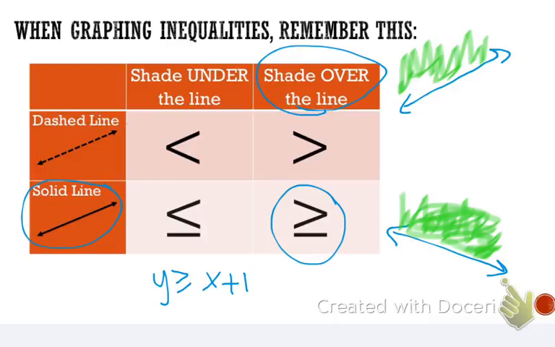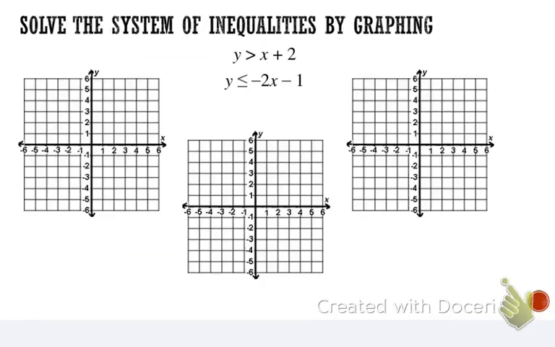So, moving on to the examples. Solve the system of inequalities by graphing. Here we have two inequalities, and I have three graphs. I know you're wondering why I have three graphs. First, I'm going to graph these two inequalities in two separate graphs.